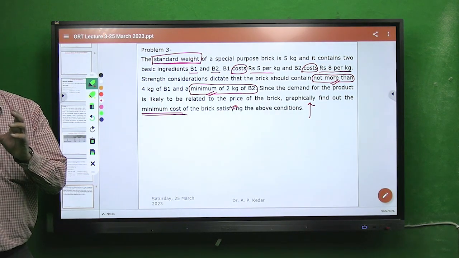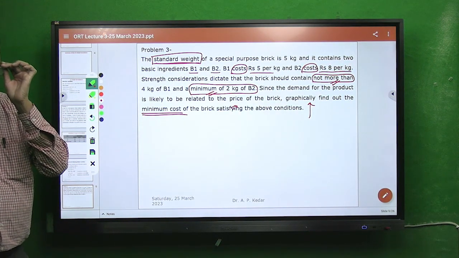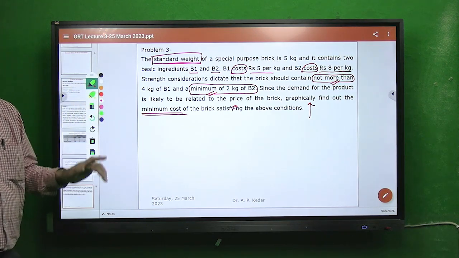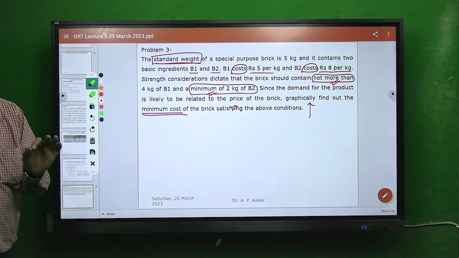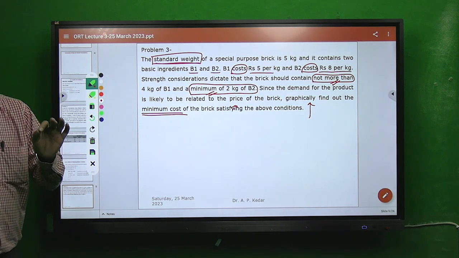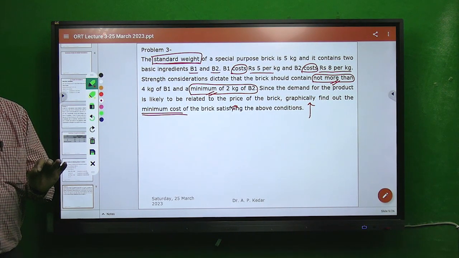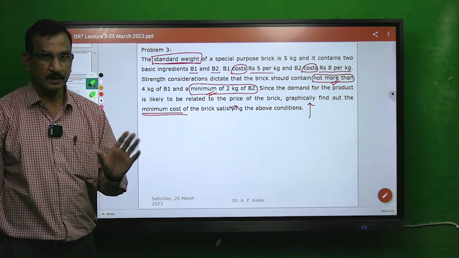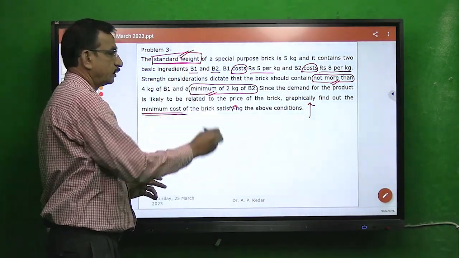The brick which we are making using ingredients B1 and B2, its weight must be 5 kg. It cannot be greater than 5 kg because the word used is standard.